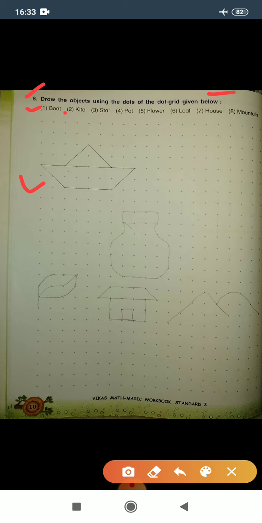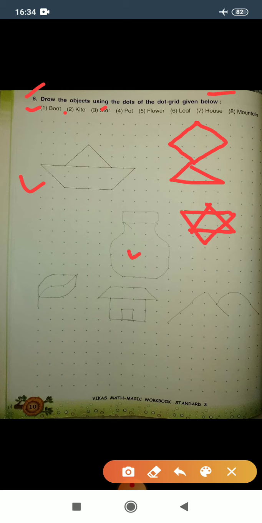The second one is kite. So with the help of this dot how you can draw the kite. So in textbook we had already done this. So this type of figure you can make. After that star. So again we can make star from this dot like this. After that pot.